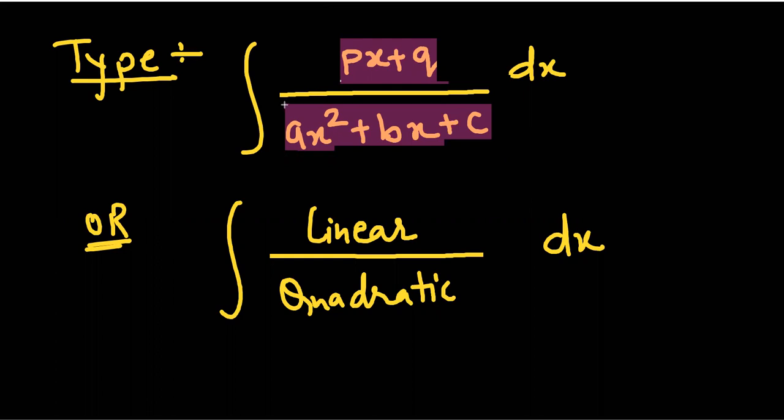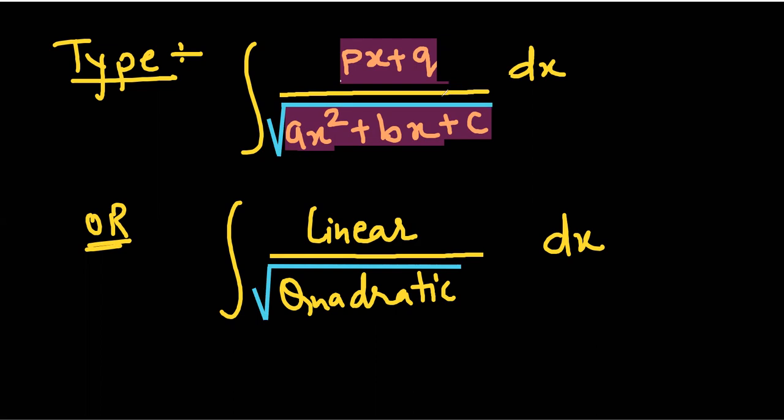So in the numerator we will have px plus q, and in the denominator we will have inside the square root ax square plus bx plus c. So this is the next type we are going to do.